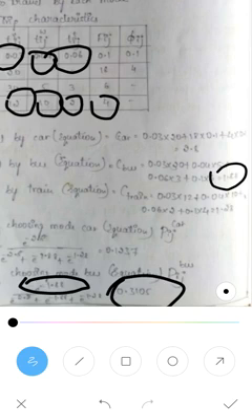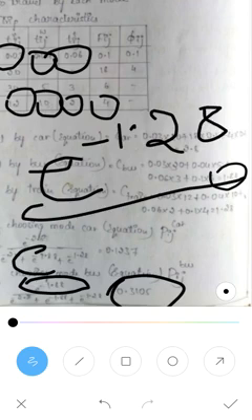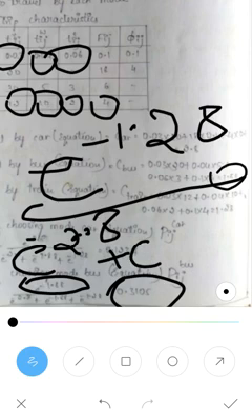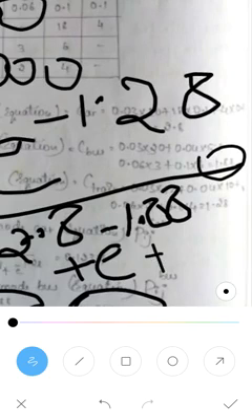Next, the same thing for the third one. For the third one, the numerator is e to the power of minus 1.28, divided by e to the power of minus 2.8 plus e to the power of minus 1.88 plus e to the power of minus 1.28.